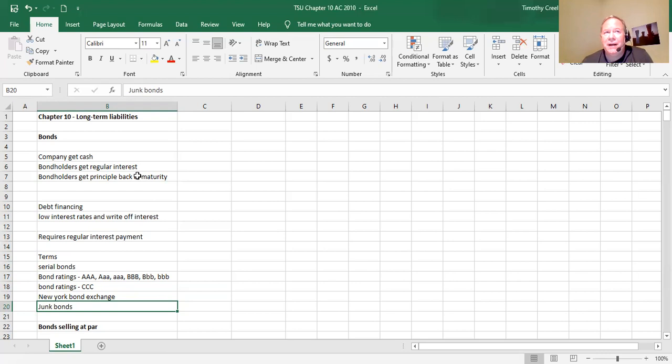And in turn, they're going to have to pay a lot higher interest rates to get bonds. Remember that again, bonds are backed really only by the good name of the corporation that is issuing them. So the riskier the company, typically the higher the rates of interest they're going to have to pay on their bonds. So if a company reaches junk bond status, they might have to pay 20% interest on their bonds.